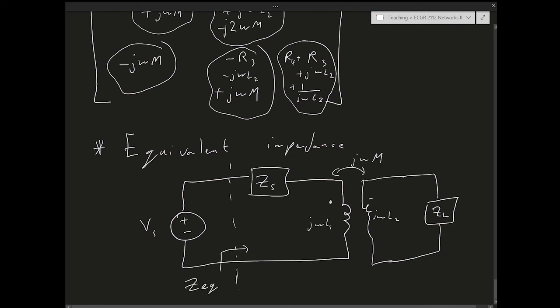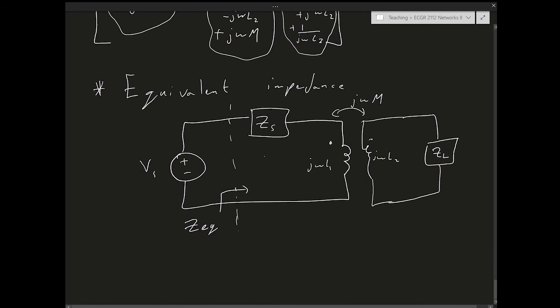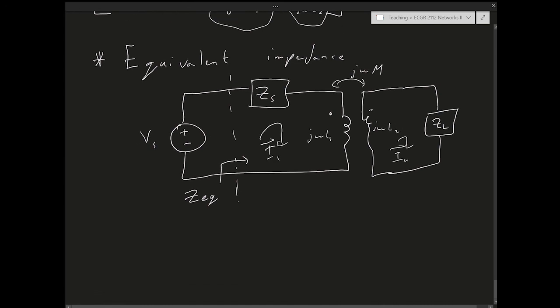We're already equipped with tools to solve this problem. I just have to do the two meshes, I1 and I2, and let me do the mesh analysis. So I go minus Vs, I put it to the other side instantly. So this is going to be Vs equals, I put in the self terms, Zs plus j omega L1, I1.